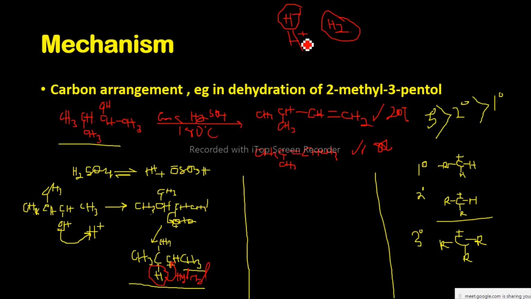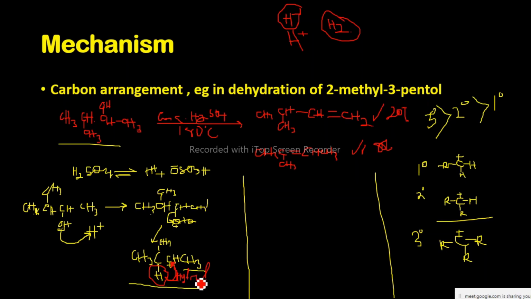So it is a proton. So you should always take care. In this case, it goes as a hydride, but in this case, it is a proton. So this hydrogen is going to go with these two electrons and it shifts to this new position, and we call that one a hydride shift.